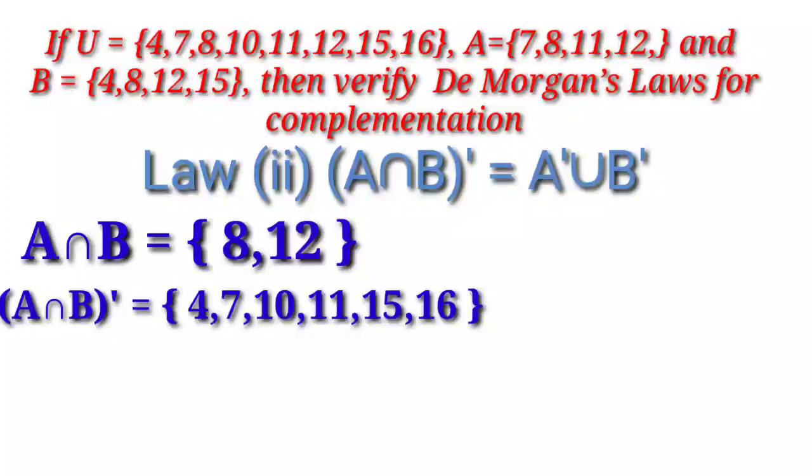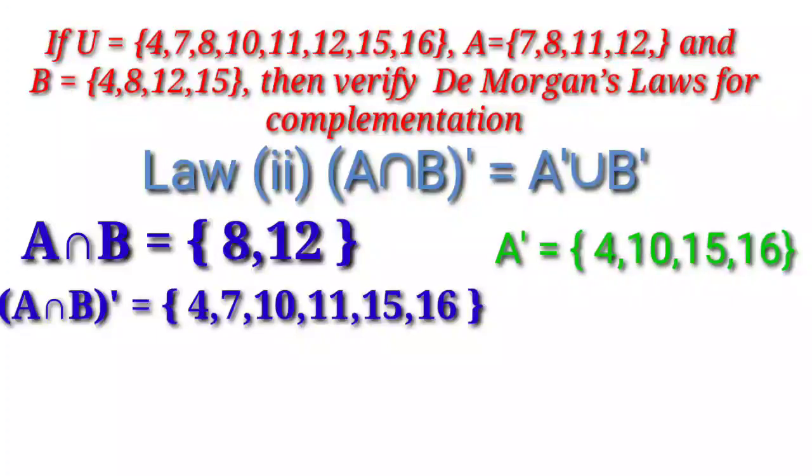For the right hand side, we are going to find A dash union B dash. We already found A dash and B dash in the first law, so use those values. Here A dash is equal to 4, 10, 15 and 16. Then B dash is equal to 7, 10, 11 and 16.